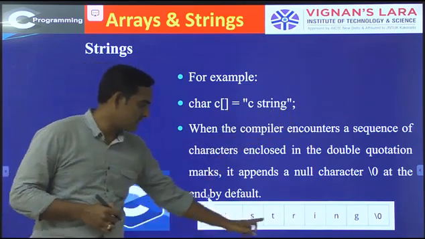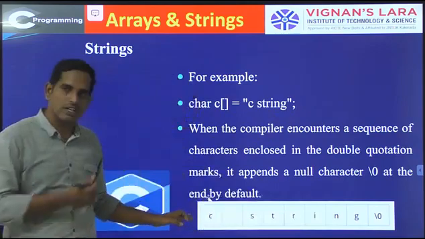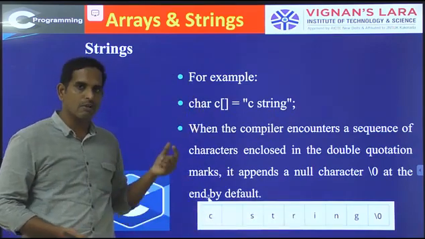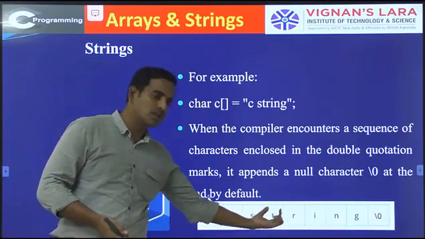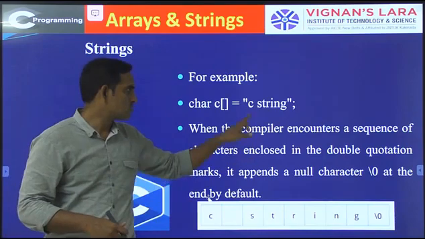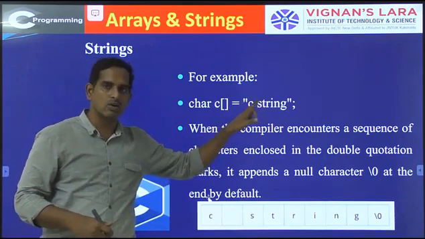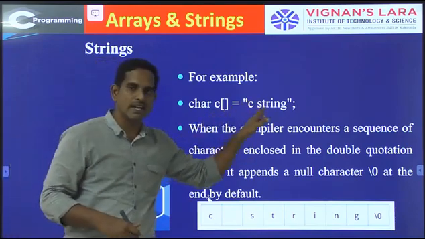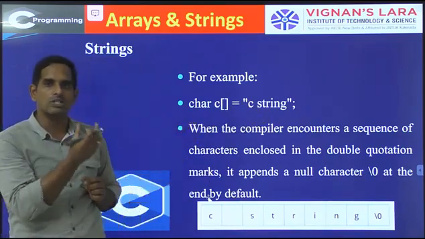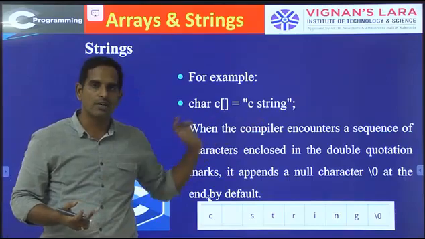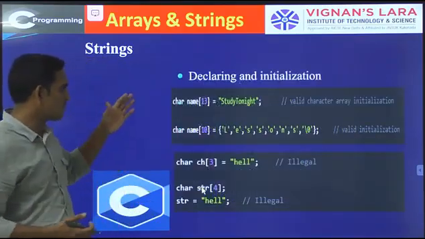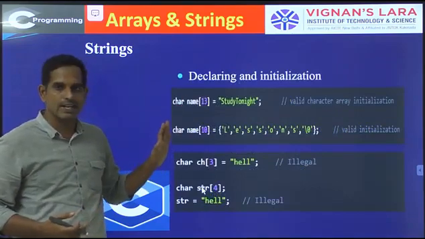The string will be placed in memory in consecutive memory locations, each character being 1 byte, side by side. Characters are enclosed in single quotes and strings are enclosed in double quotes. So this is how you declare and initialize strings.